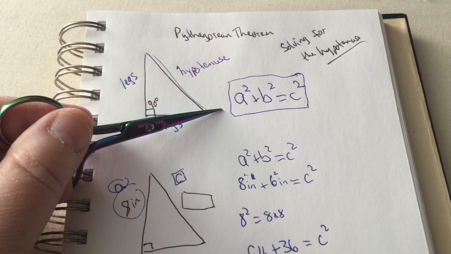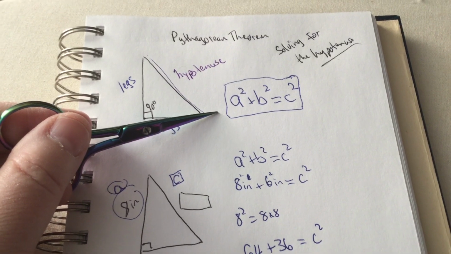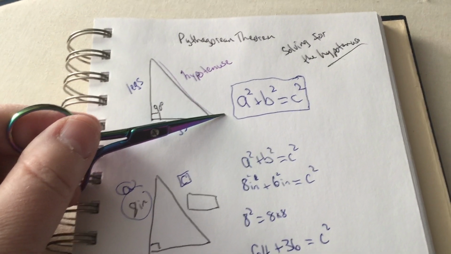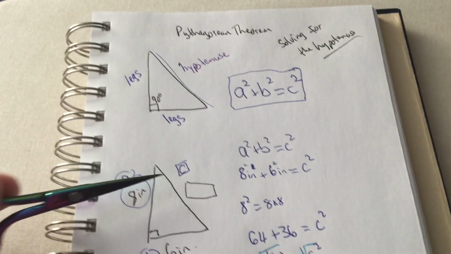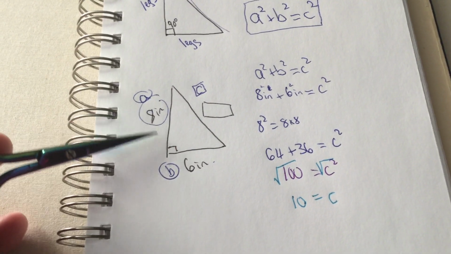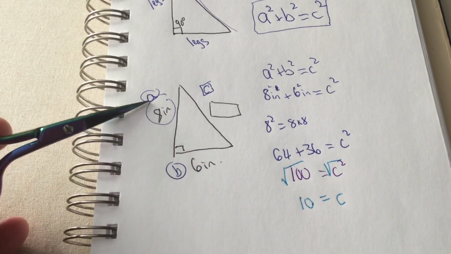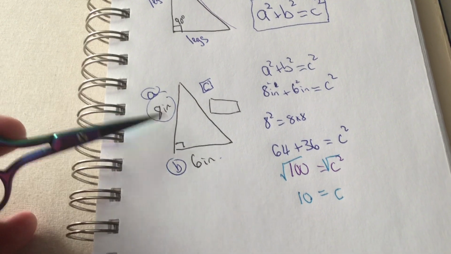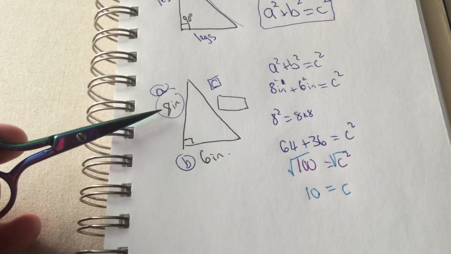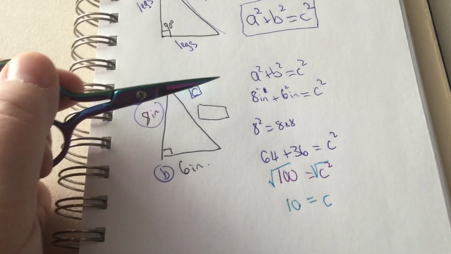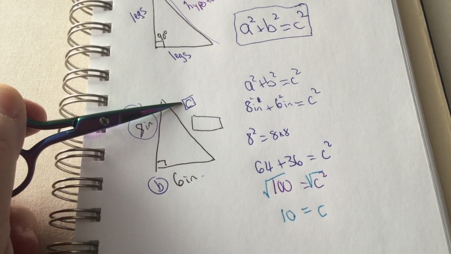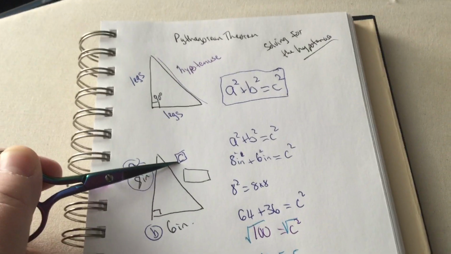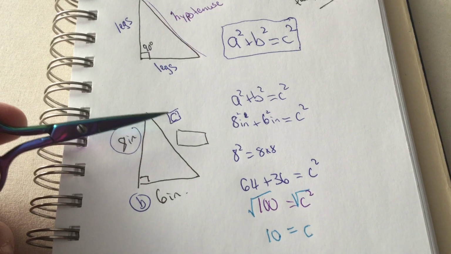It's used in architecture and construction and bridge making and any other kind of thing like that. The sides are called the legs, and A or B is interchangeable. That doesn't matter. That'll be important in the next video. C is always the hypotenuse.